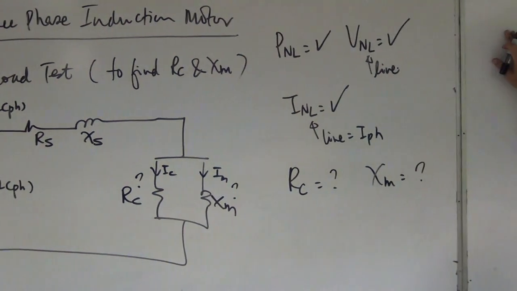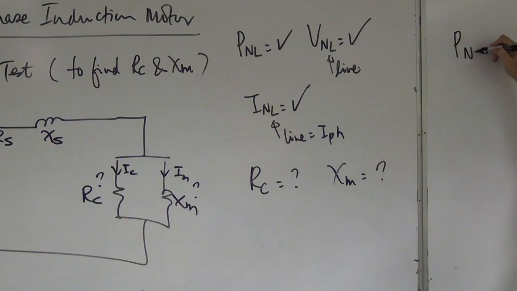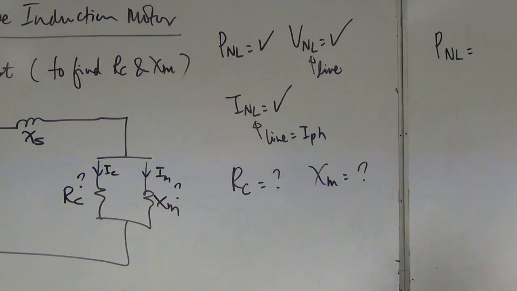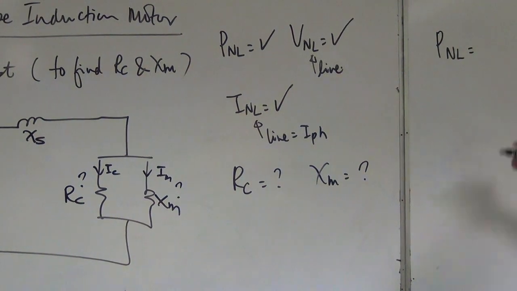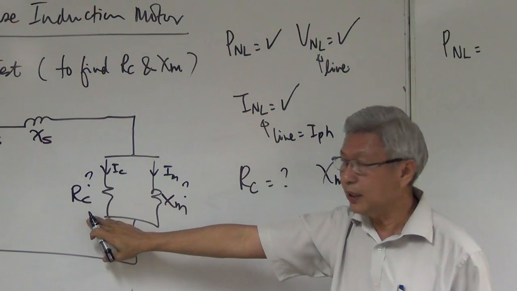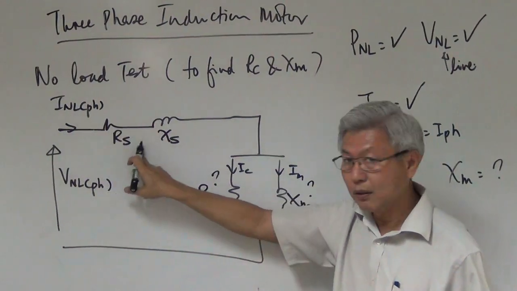It is here. Now remember that in the no-load test, the power that you measured actually consists of 3 powers. The basic thing that you must remember is that it consists of 3 powers. And what does it consist of? If you look at this diagram here, it consists of the power here. How many resistors are there? 1, right?